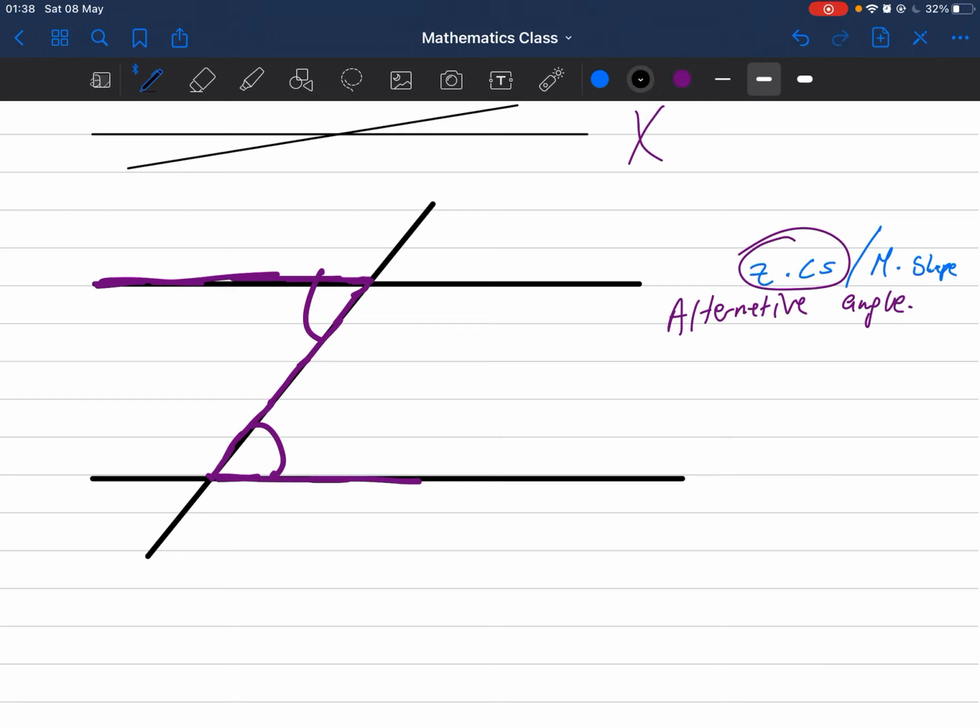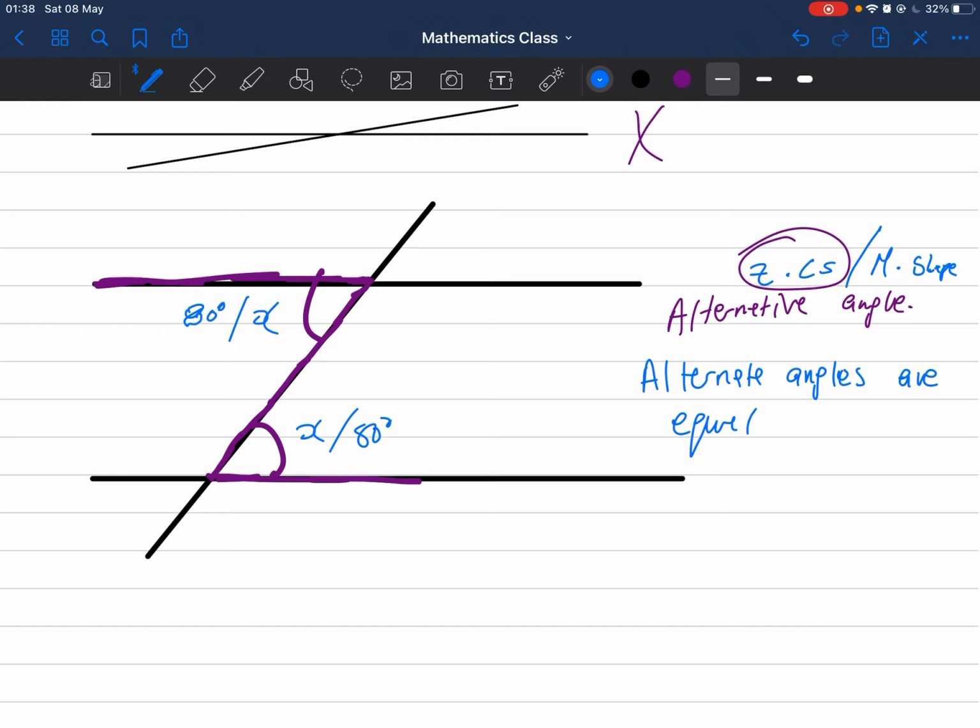Basically, the theory says that alternate angles are equal, right? So if this is x, then this will be x. If this was, I don't know, 80 degrees, therefore this will be 80 degrees, and so on.